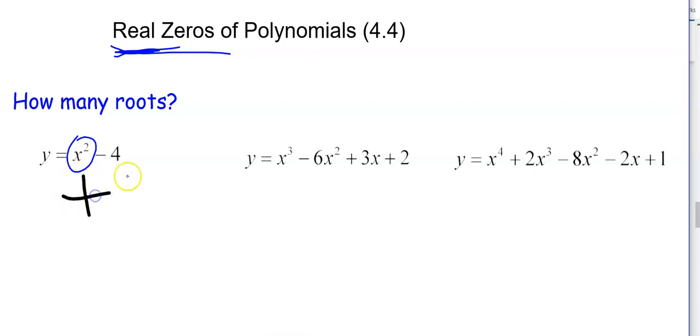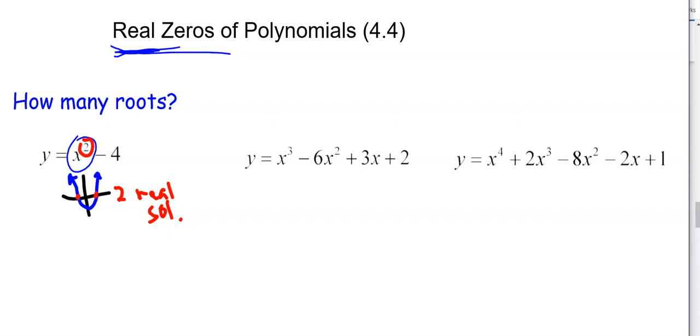In other words, if you were to graph this, the graph does actually look something like this. But clearly it has two real solutions, wherever it crosses. And just in general, because this is x to the second power, you should expect two solutions.